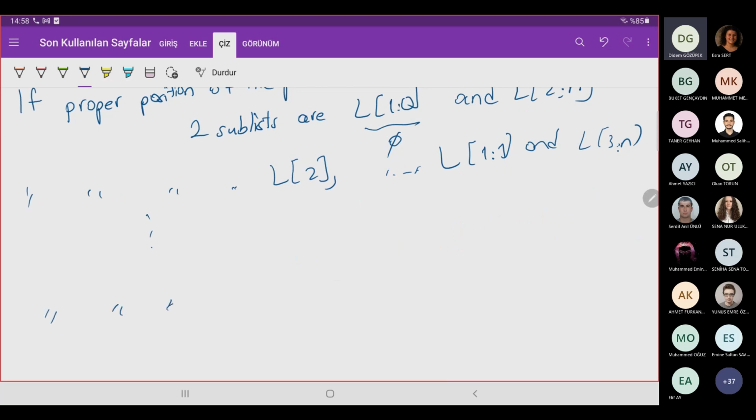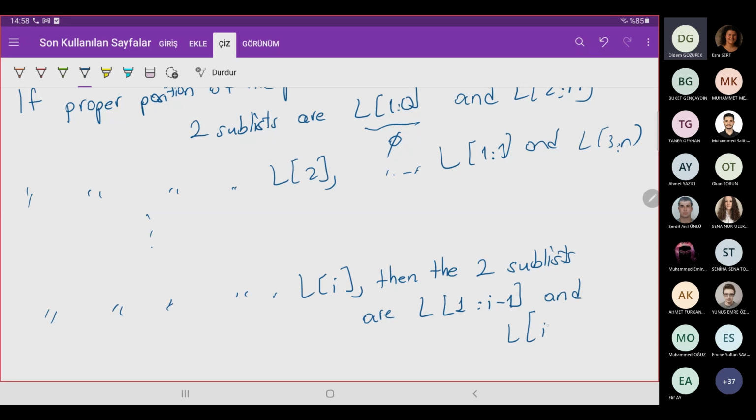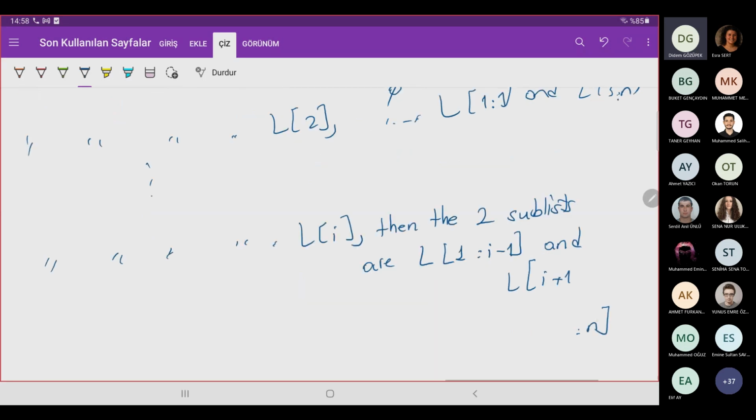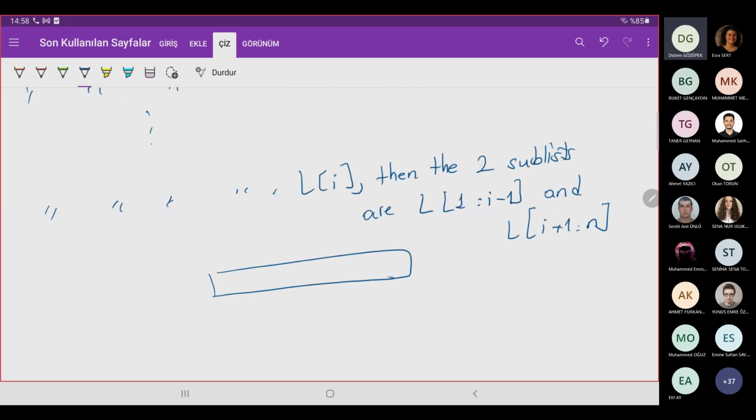If the proper position of the pivot is i, then the two sublists are 1 to i minus 1 and i plus 1 to n, okay? Because the pivot is in the i-th position. Once it's rearranged, I have index i as the proper position.